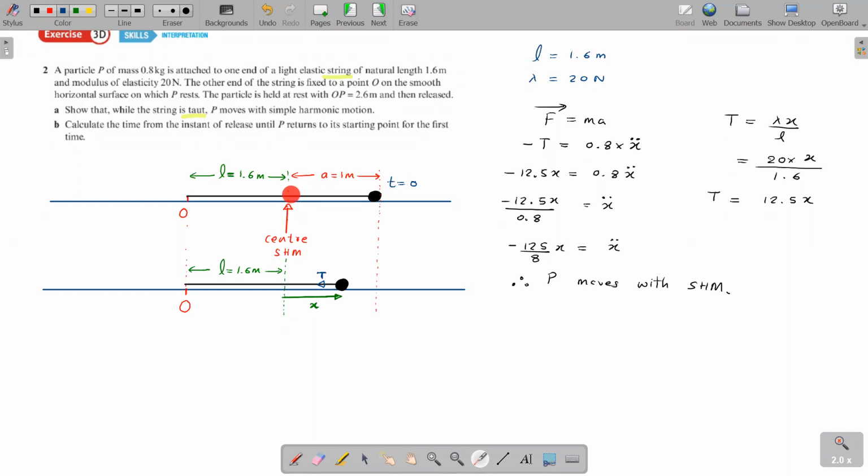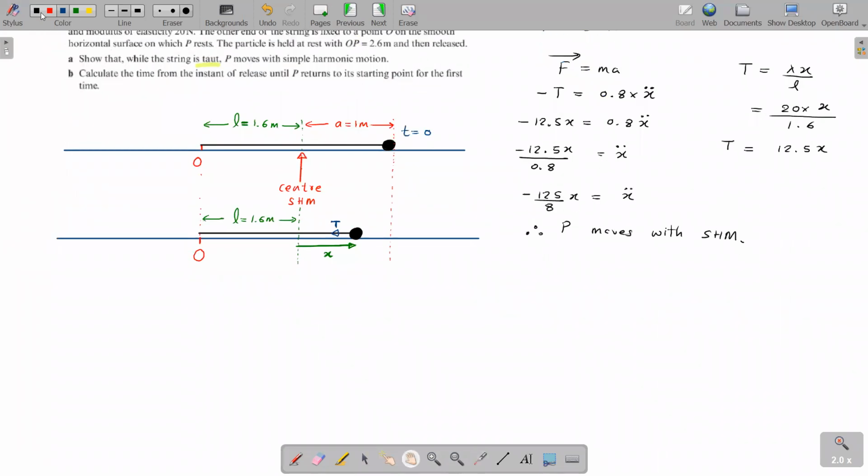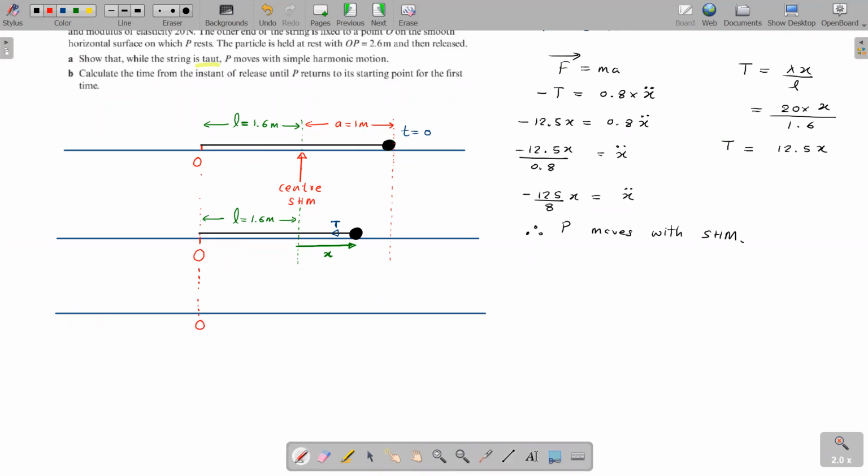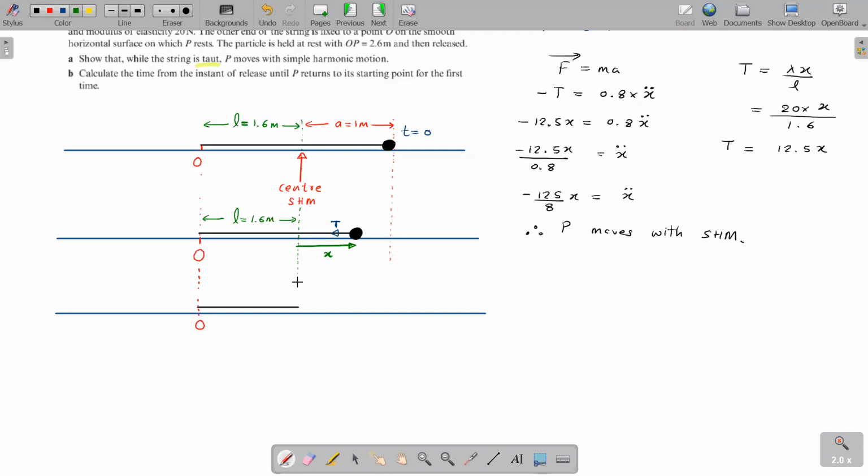You lose the tension. So the moment you reach here, let me draw another diagram. The moment you reach this point, this is point O. This is the point where you reach the center. Are you with me?